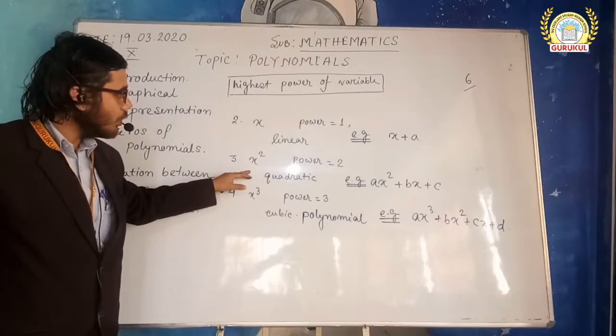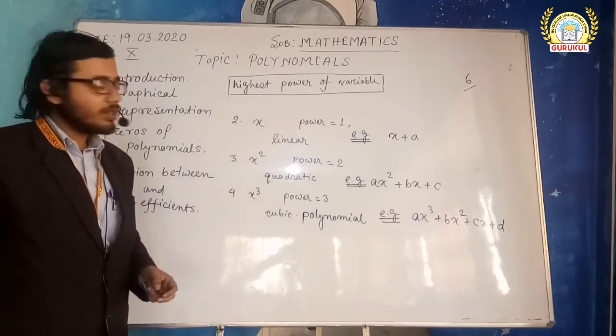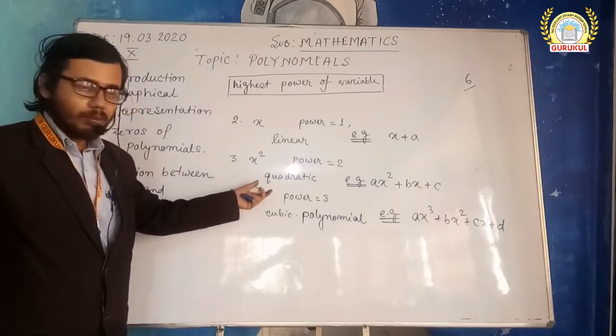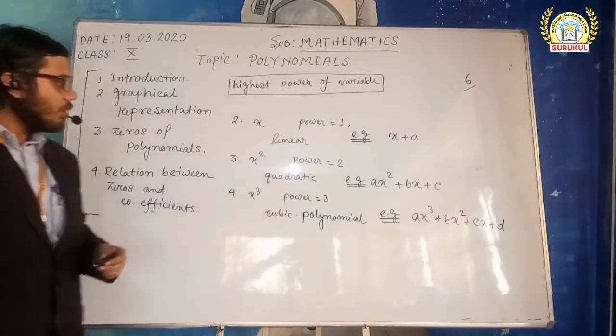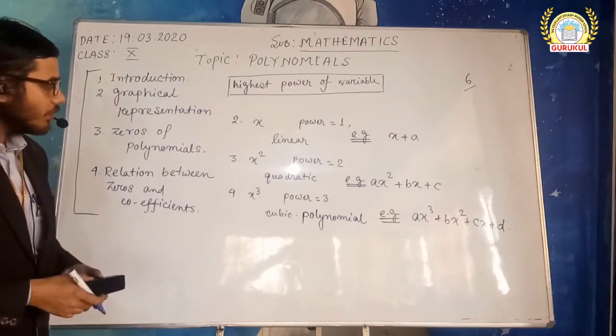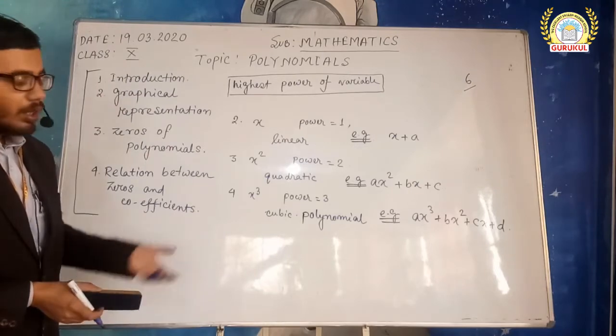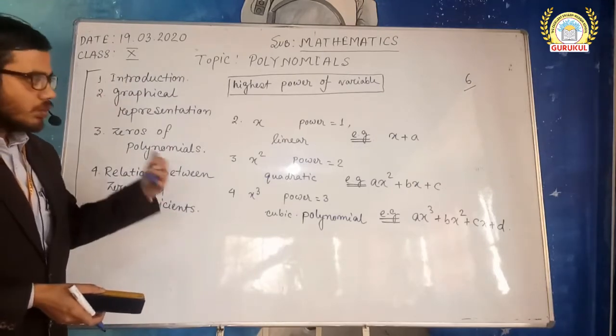If the highest power of the variable is equal to 2, then that particular expression is called a quadratic polynomial. If the highest power of the variable is equal to 3, then we say that particular expression is a cubic polynomial, after that bi-quadratic, and so on.